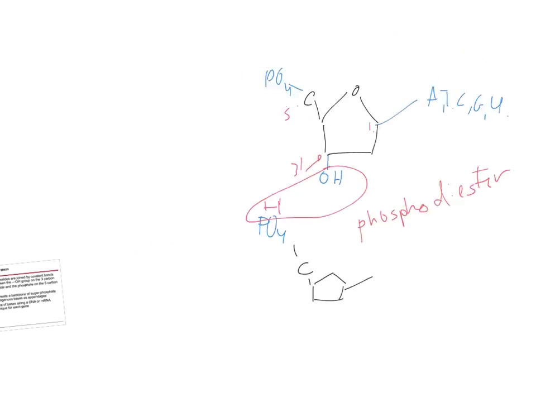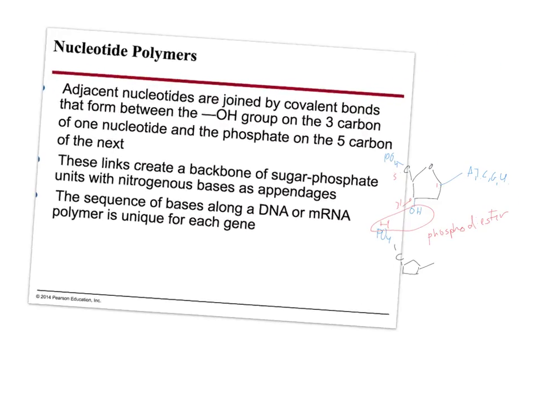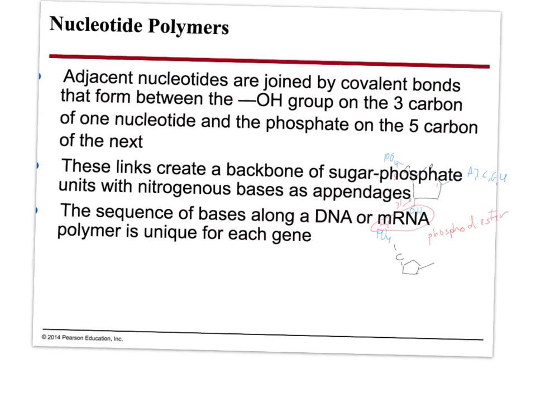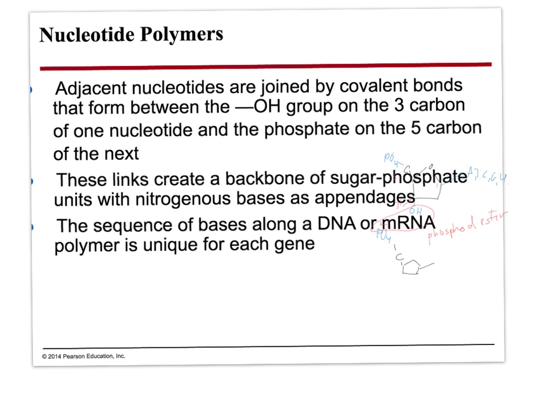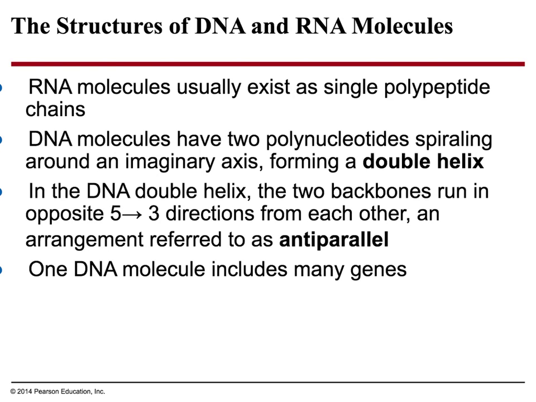And then the linkages among nucleotides and which bases are in order, what nucleotides come in, A, C, T, G, that sequence eventually determines the sequence of amino acids and determines the structure of the gene that you're in.